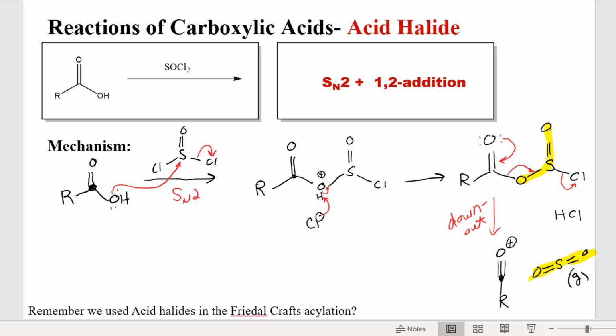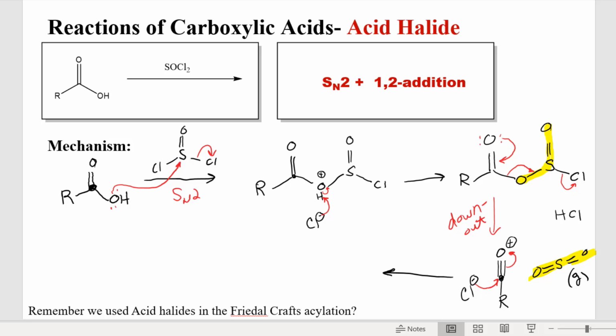And the chlorine gets kicked off as well, and the chlorine is floating around. And now, because if you remember, chlorine's a terrible leaving group. I mean, a great leaving group, but a terrible nucleophile. So this is now a very activated carbonyl. It's a great electropositive electrophile. The chlorine is now enticed to react and do a 1-2 addition.